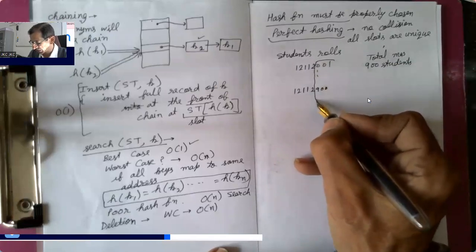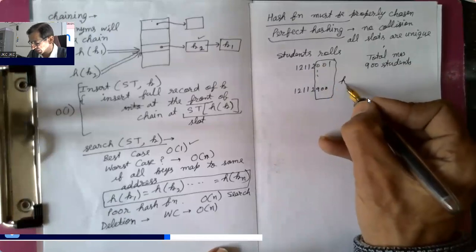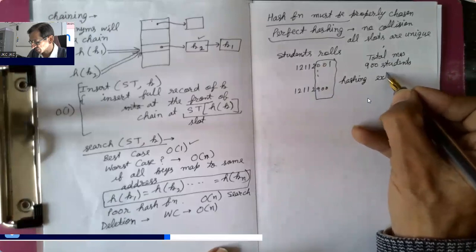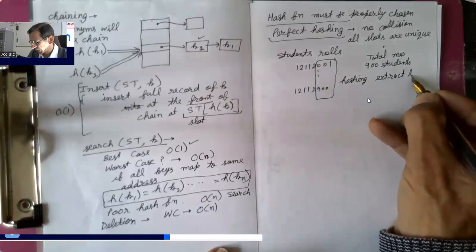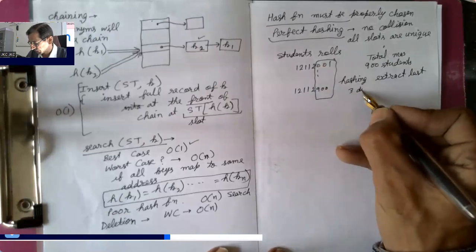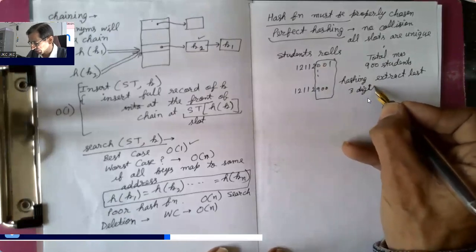Then even if I take these 3 digits through hashing, extract the last 3 digits and use them as the corresponding addresses, it can become a good perfect hashing.